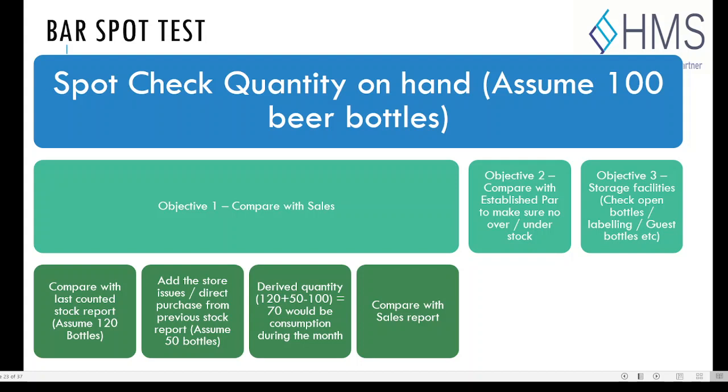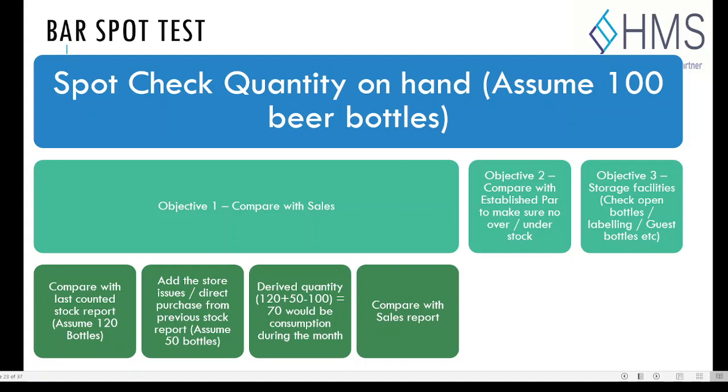Let's say the last stock was 120 bottles, and then you have issued 50 bottles since the previous count. So you got 120 plus 50, you should have 170 bottles, but you found only 100. So it means 70 should be sold, or should be consumed.